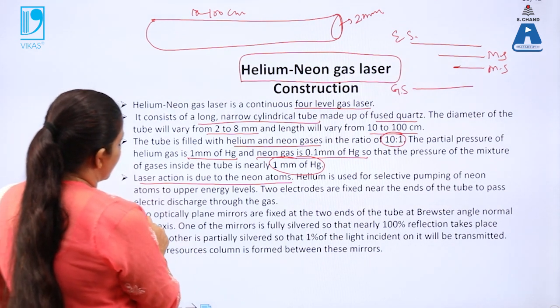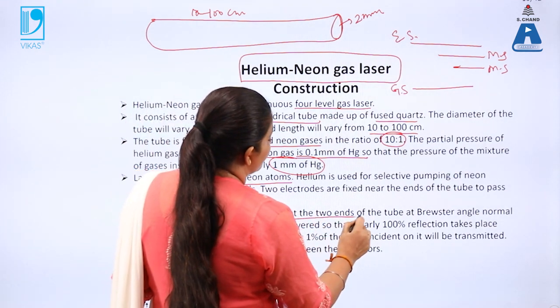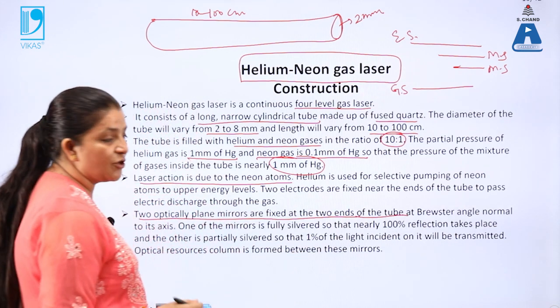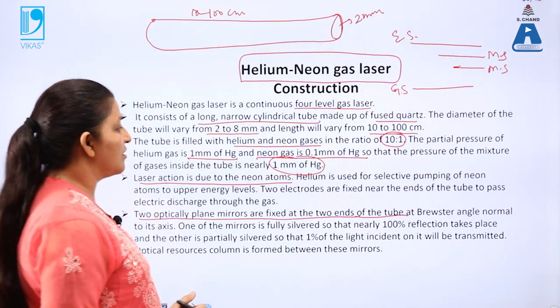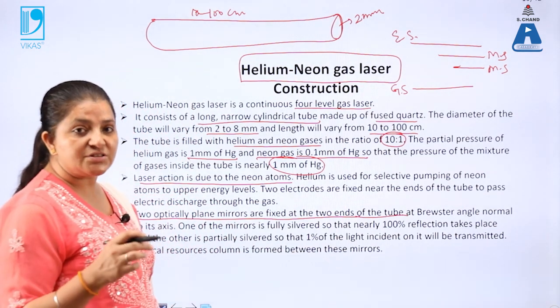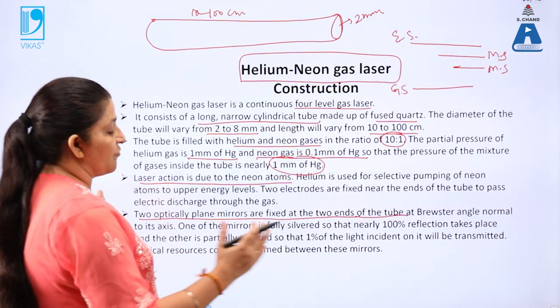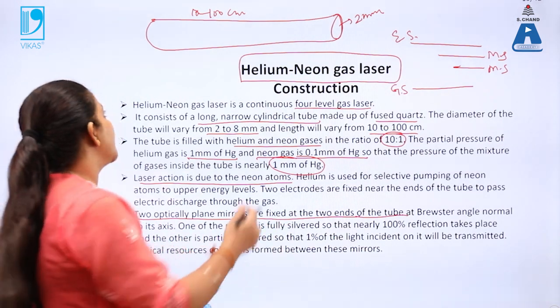Now there are two optical plane mirrors fixed at the ends of the tube at the Brewster angle. What is the Brewster angle? This angle is required when multiple reflections take place.